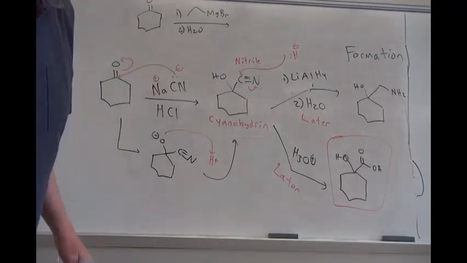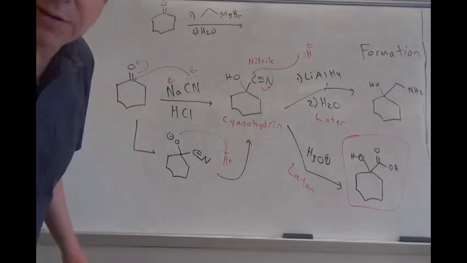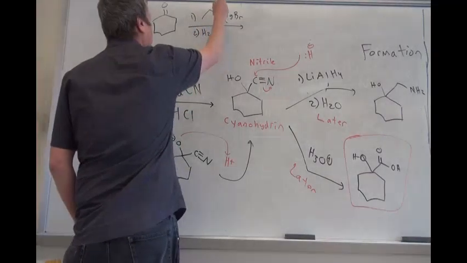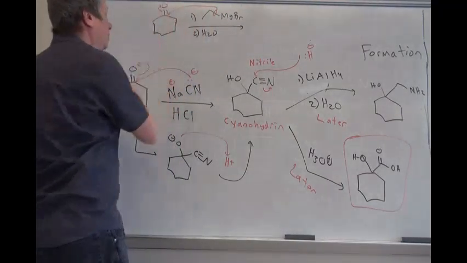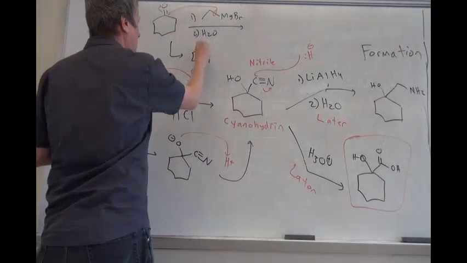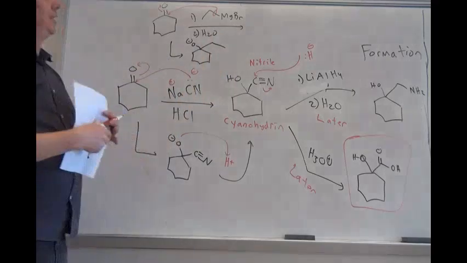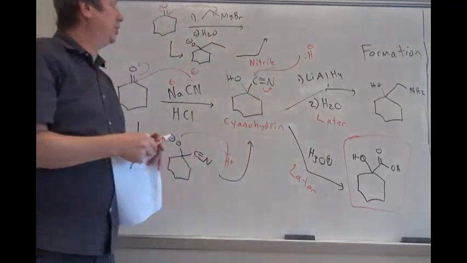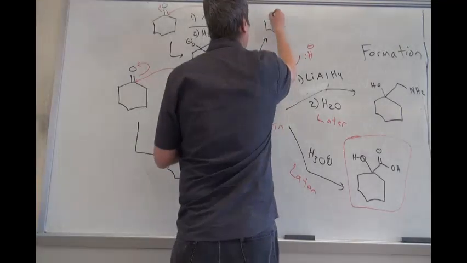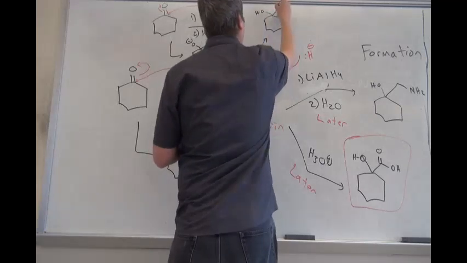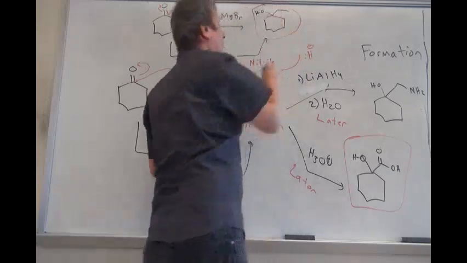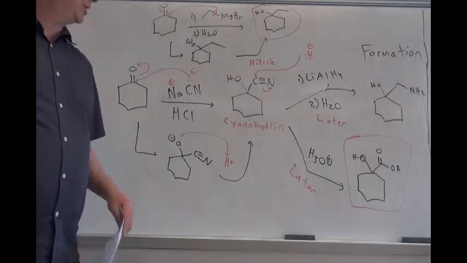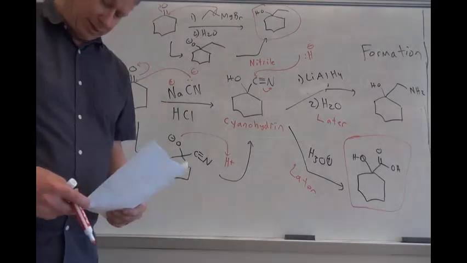The ethyl Grignard attacks the ketone. You make O minus, and then we have a step where you protonate the O minus and make the product. So you know Grignards. You can try to see the correspondence between cyanohydrin formation and a Grignard addition to a ketone. All right, great.